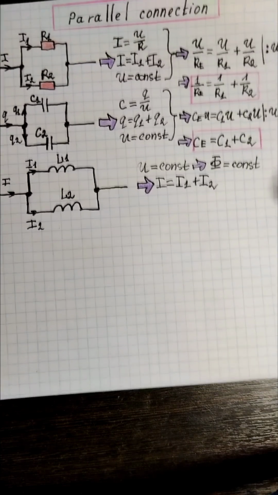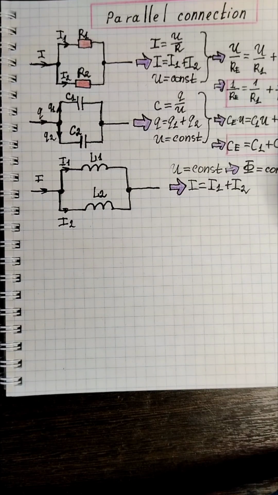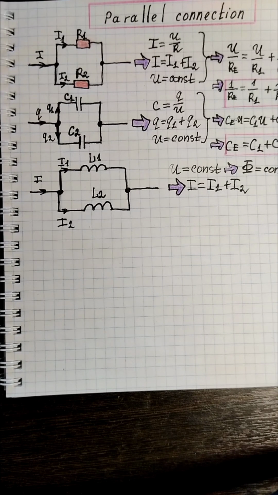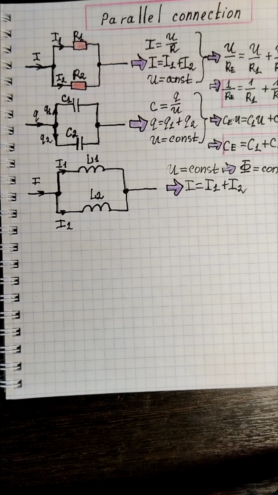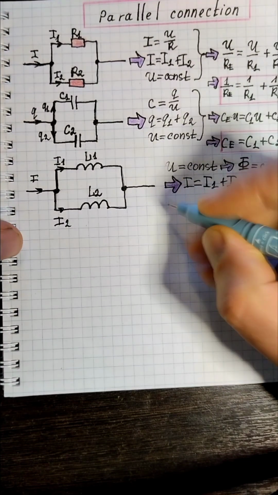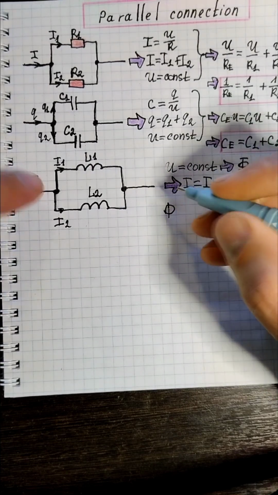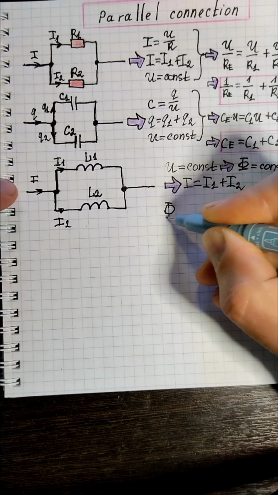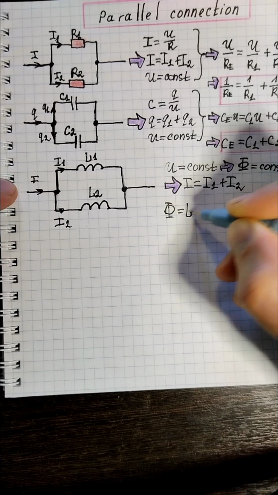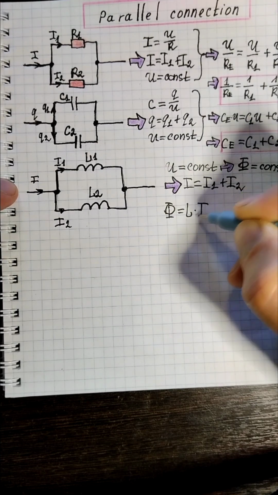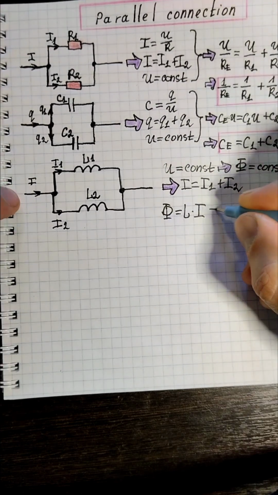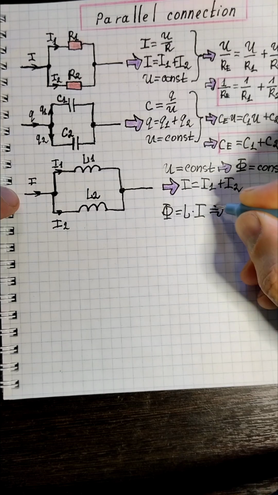Now it remains to remember how the magnetic flux is related to inductance and express the current strength. I'll write. Consequence.